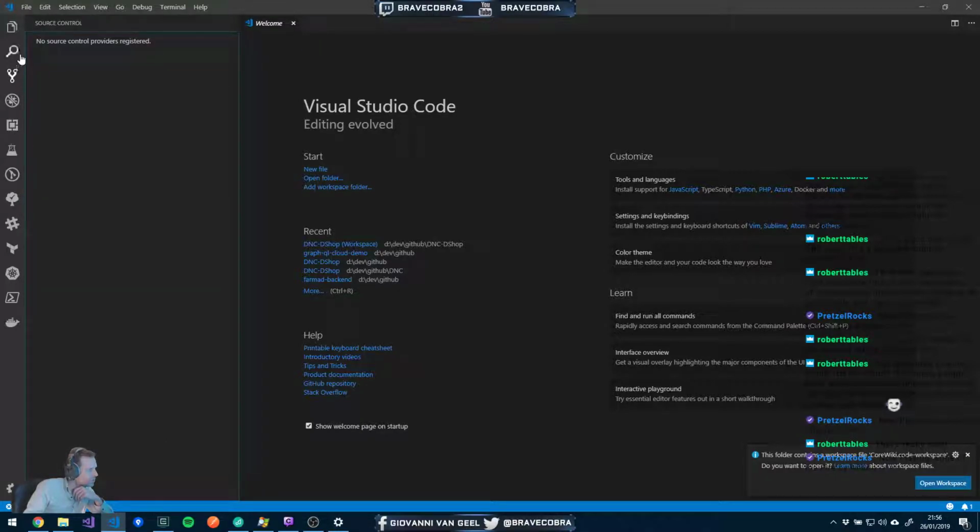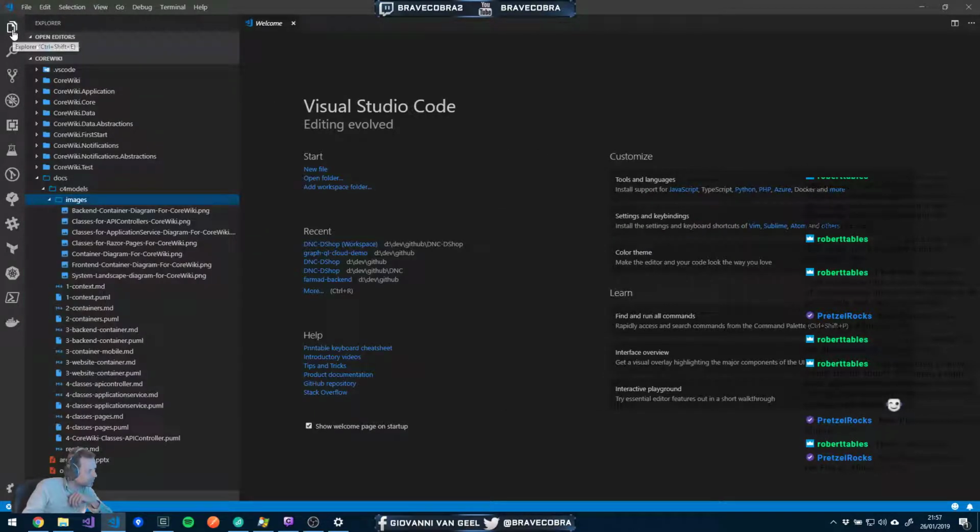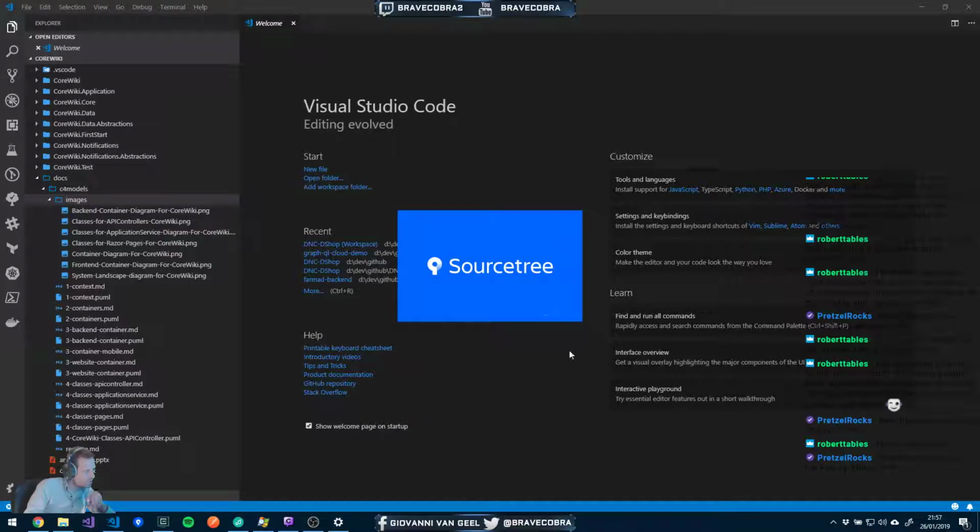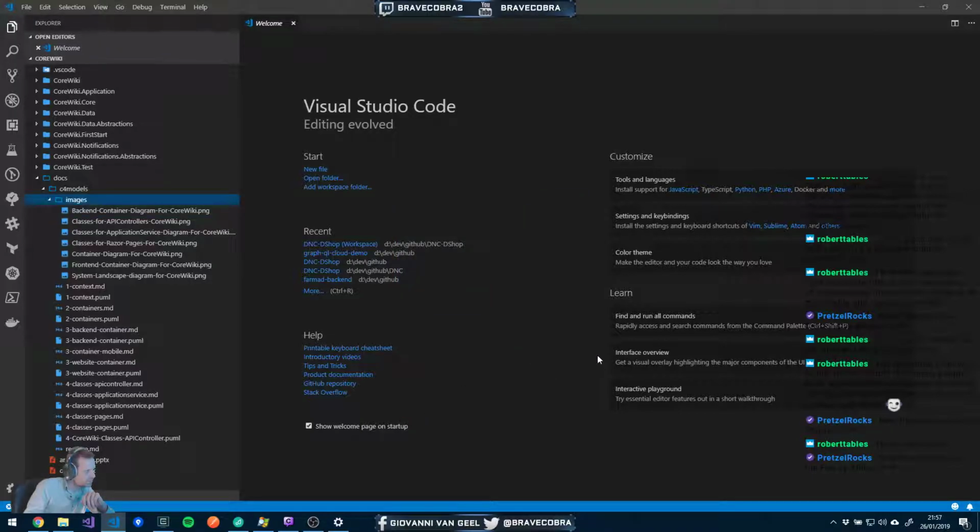I need to open up my branch, still starting up. Come on. I usually use SourceTree to do the actual check-in, check-out parts. Let's see which one this is.